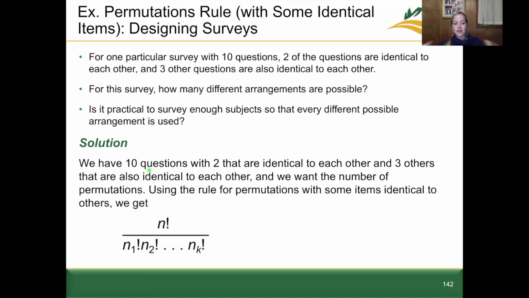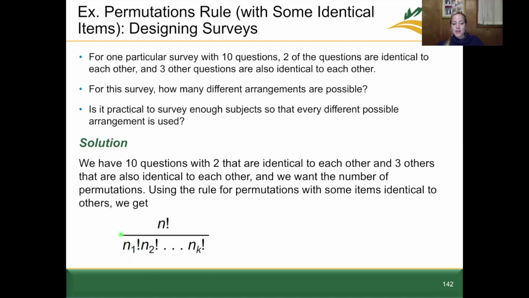We have 10 different questions, 10 different items. Now remember in the denominator, we're going to use this to factor out the numbers that are identical. Here, out of those 10 questions, we have 2 that are identical to each other and 3 separately that are identical to each other. Then using this formula, we're going to plug in 10 for n.